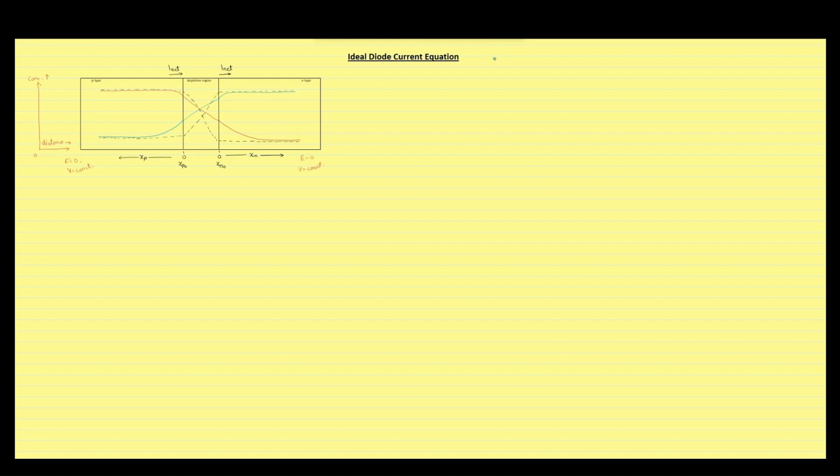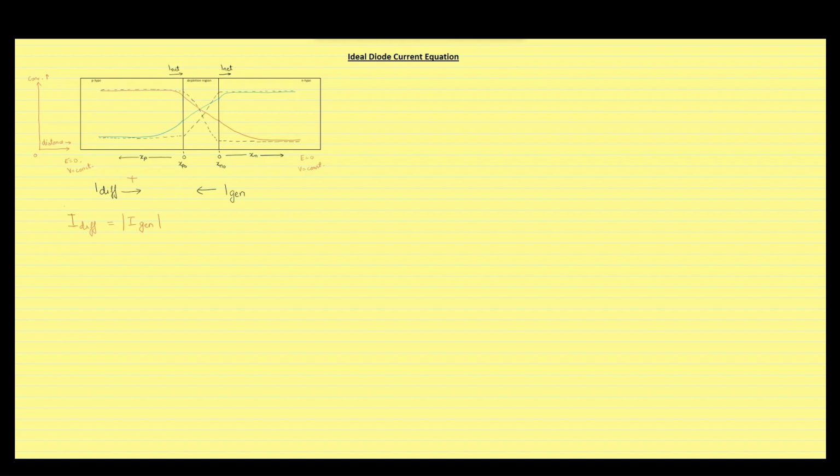Let's assume that the diffusion current component is I diffusion, whose direction will be from left to right. Similarly, we can also find that the generation current component is from left to right. Also, we know that when the semiconductor is unbiased, the diffusion current is equal to the generation current. If we take current flowing from left to right to be positive, then we can also write that the diffusion current is equal to the absolute value of the generation current.